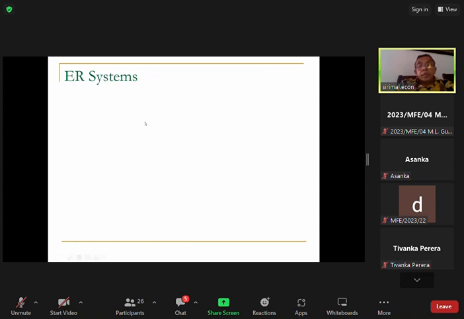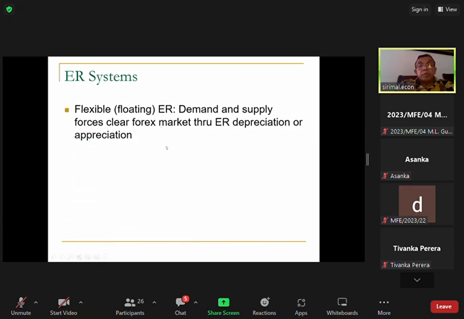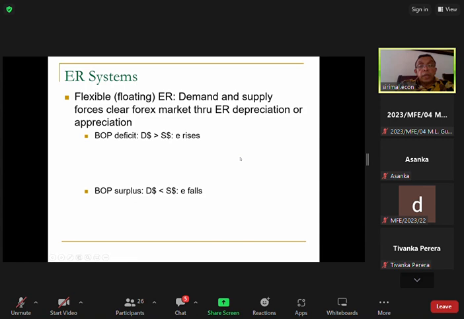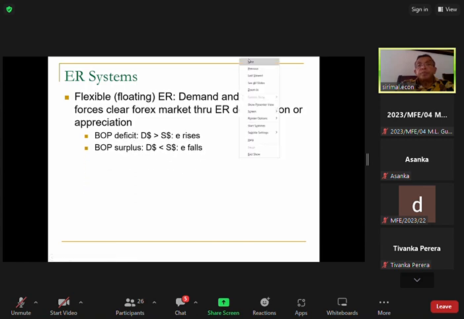Now, these two things, market adjustment and intervention adjustment for the central bank, are historically related to exchange rate systems. For example, floating exchange rate or flexible exchange rate. That means demand and supply forces clear the foreign exchange market through exchange rate depreciation or appreciation.